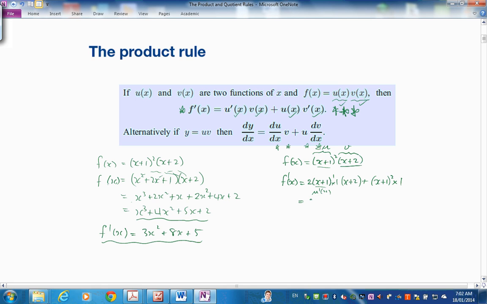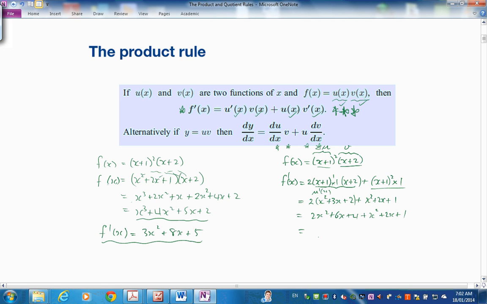So let's keep going now. Let's put the 2 out the front, multiplying these two together. We've got x squared plus 3x plus 2, plus, bracket, let's expand this, x squared plus 2x plus 1. So here we are, 2x squared plus 6x plus 4 plus x squared plus 2x plus 1.